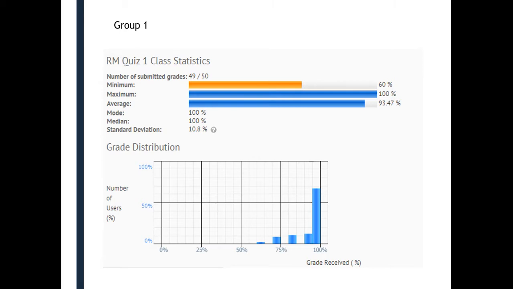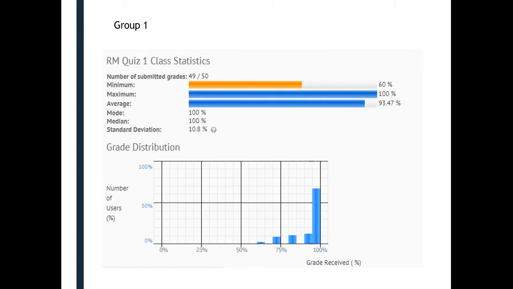So you can see here that this is a simple score statistics for the quiz that we recently had. There are some data given on the basis of which you can conclude who performed better and who performed worse in the recently held quiz.